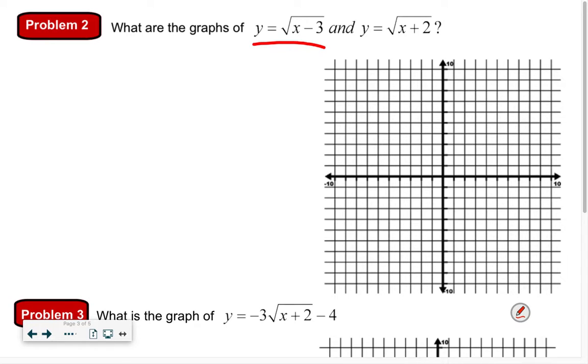Square root of x minus 3. This time, notice the minus 3 is inside our radical. So what does that mean? Is that an up, down again? No, it's a left, right. When it's inside and a minus, are we going left or right? To the right. We're going right 3. 1, 2, 3. So this is our new 0, 0.